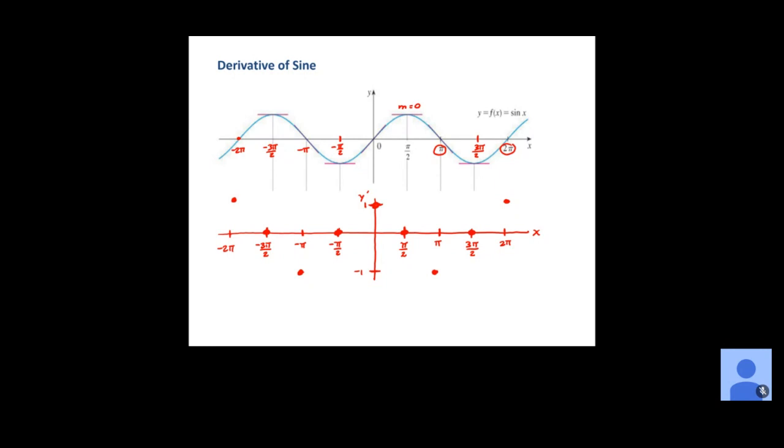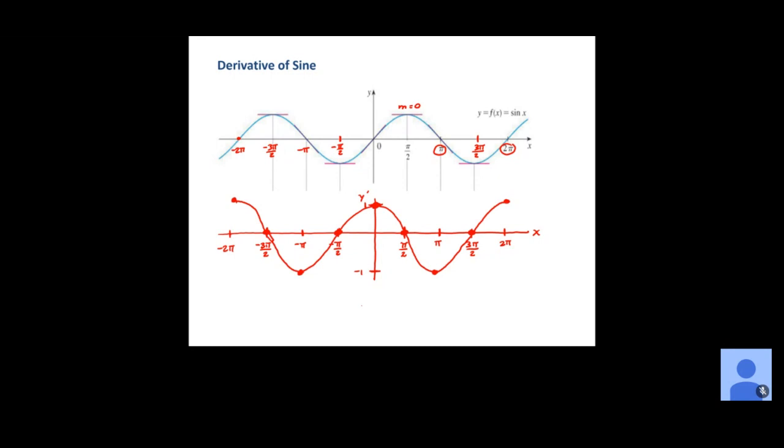Cosine, right? So notice here, we're starting at +1, going down here through pi over 2. We hit our lowest value of -1, comes back up, has a period of 2 pi, ends up back where we started, right? So that's our one period of our cosine graph. And if you want to look at the negative side, same thing. We would dip down here like this to -1, curve back up, and then we'd hit our highest value over here.